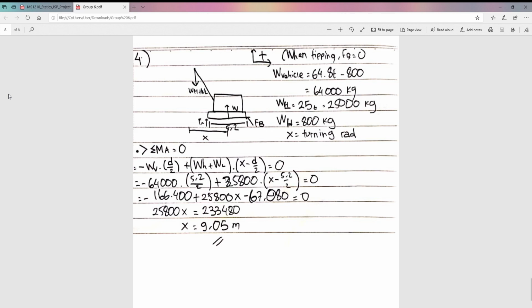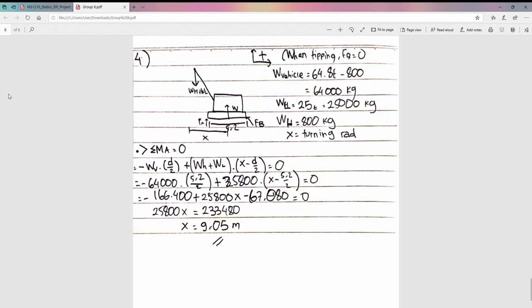Now, why do you have to divide the distance by 2? Is because the distance is from each wheelbase. So the distance, that's the 5.21, is the wheelbase, while the X, which is turning radius, only goes from half of the wheelbase to the front part of it, to where the weight goes down.